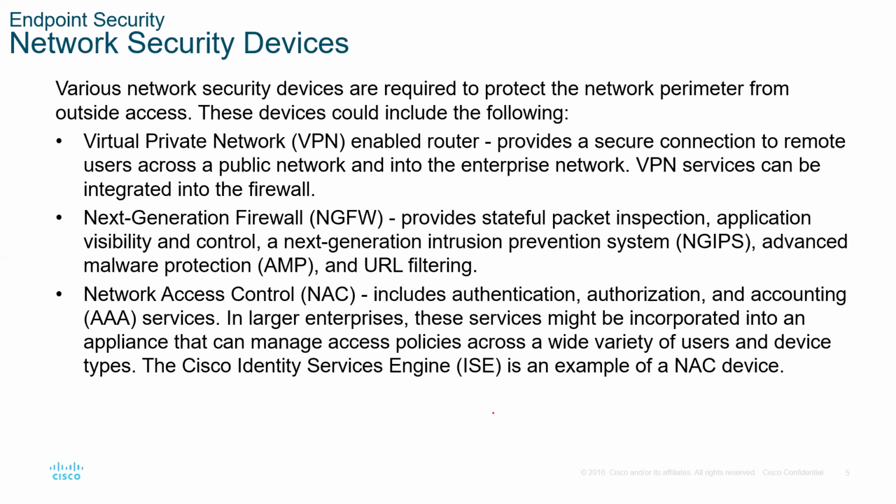So the next generation firewall is a little bit of an upgrade from the basic firewall that we have, performing intelligent traffic filtering as well as threat prevention. Then we have the network access control, which basically performs what we call the triple A: authentication, authorization, and accounting.